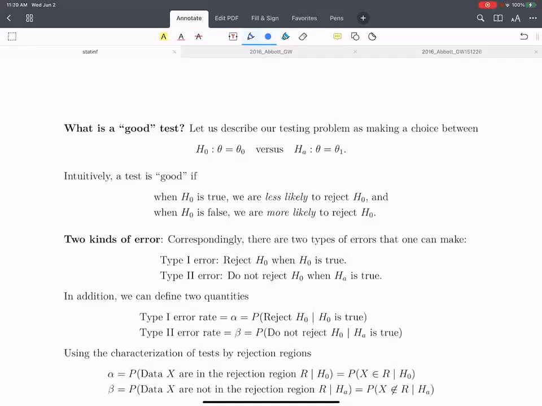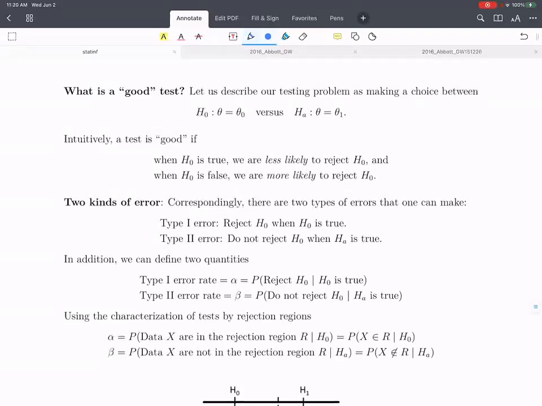We quantify the errors into probabilities. The type 1 error rate, denoted by alpha, is the probability of rejecting the null when the null is true. The type 2 error rate is the probability of not rejecting the null when the alternative is true.